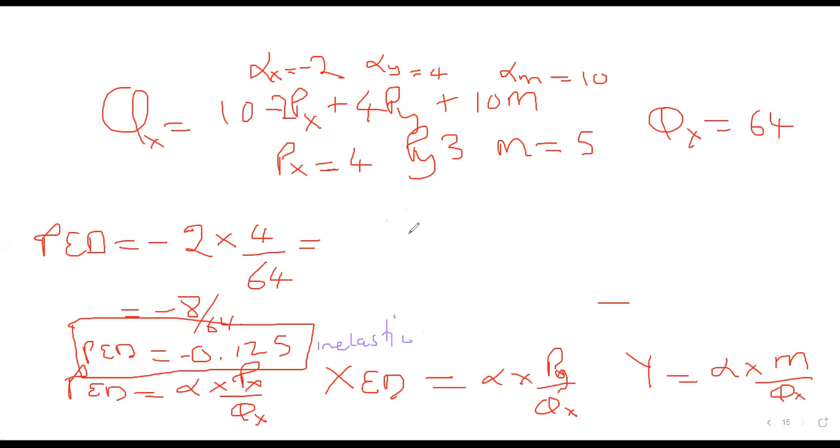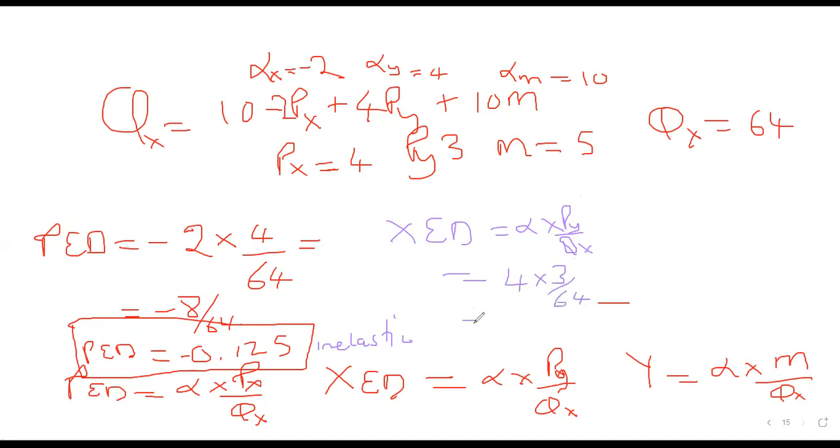Then we go to the cross price elasticity of demand. It is the slope times the price of Y over the quantity of X. So what is the slope for Y? 4 times the price of Y, 3, over 64.